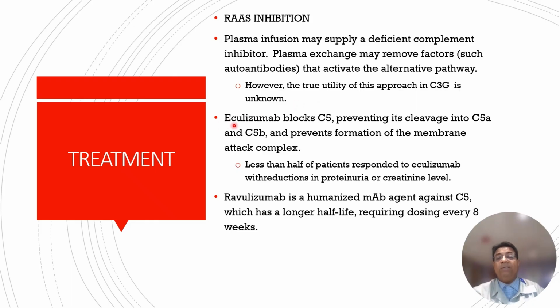Eculizumab blocks C5, preventing its cleavage into C5a and C5b, and prevents formation of the membrane attack complex. Less than half of the patients responded to eculizumab with reductions in proteinuria or creatinine level. Ravulizumab is a humanized monoclonal antibody agent against C5. It has a longer half-life and requires dosing every 8 weeks.